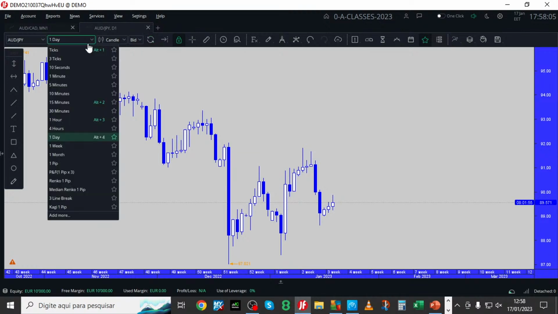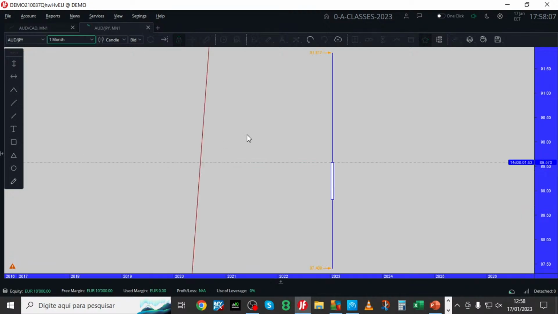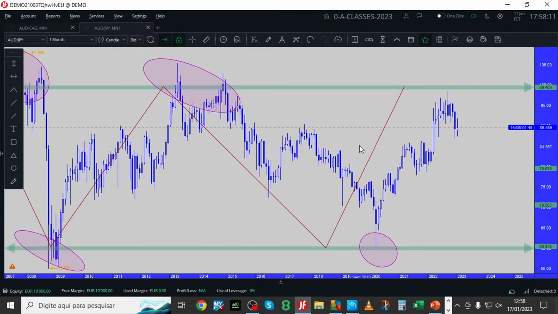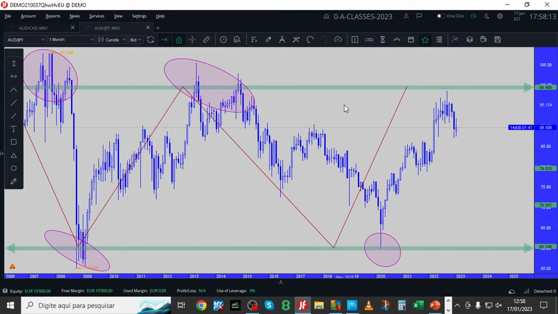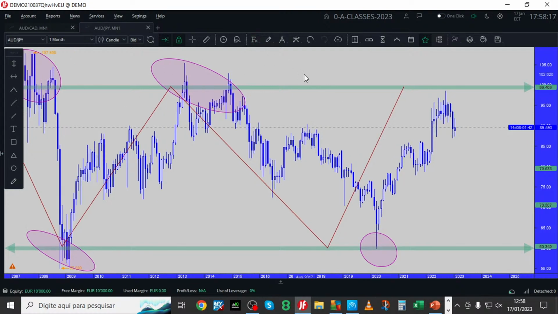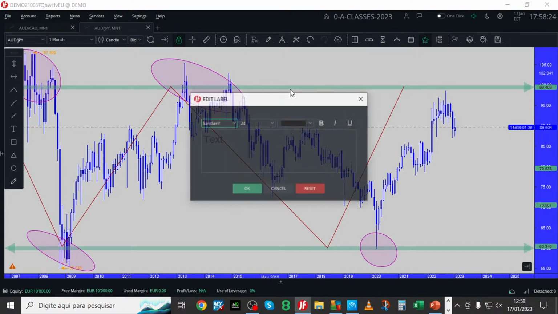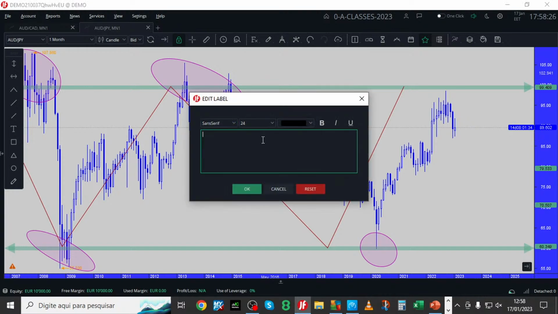AUDJPY, from the monthly chart. After you identify the monthly bands, try to join highs and lows. Let's write this down, right? Oh, you didn't tell us. Yes, I did. Homework.